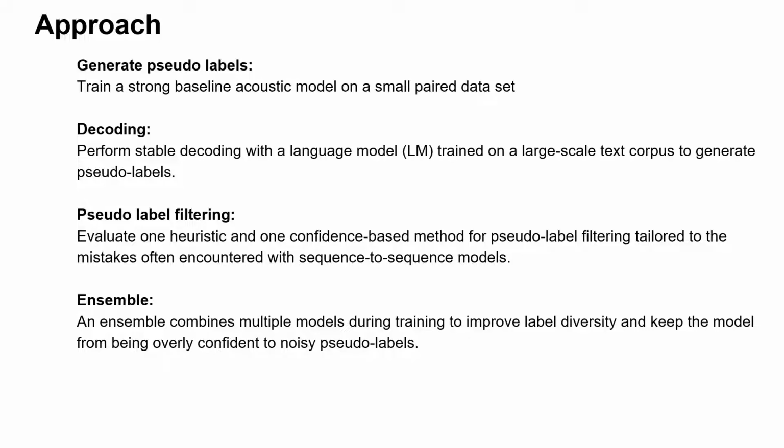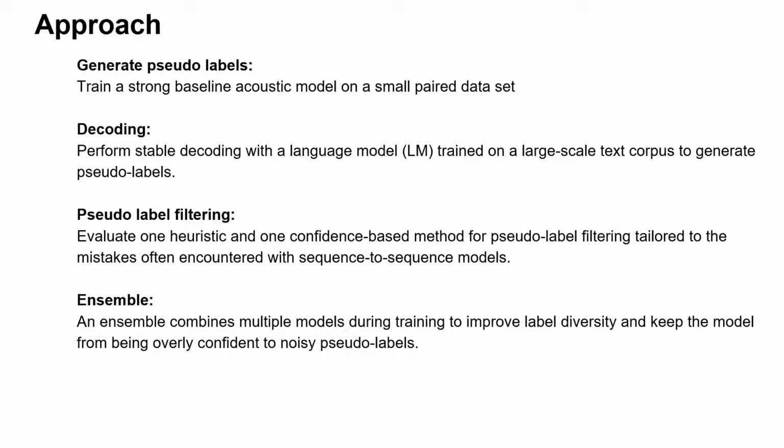So the approach consists of basically 4 parts. One is to train a strong baseline acoustic model on a small paired data set, then generate the pseudo labels by performing decoding with the language model. Next you do the filtering of the pseudo labels, where there are two heuristics, two methods mentioned in this paper, and they are applied for filtering.